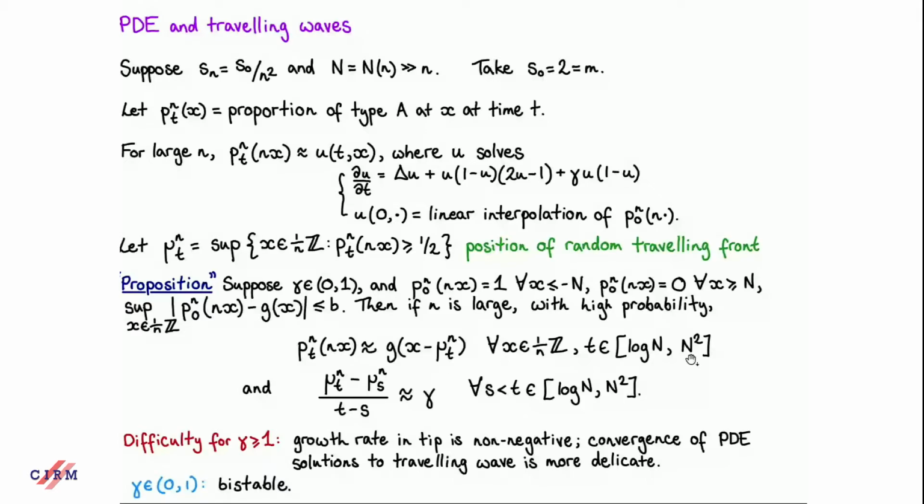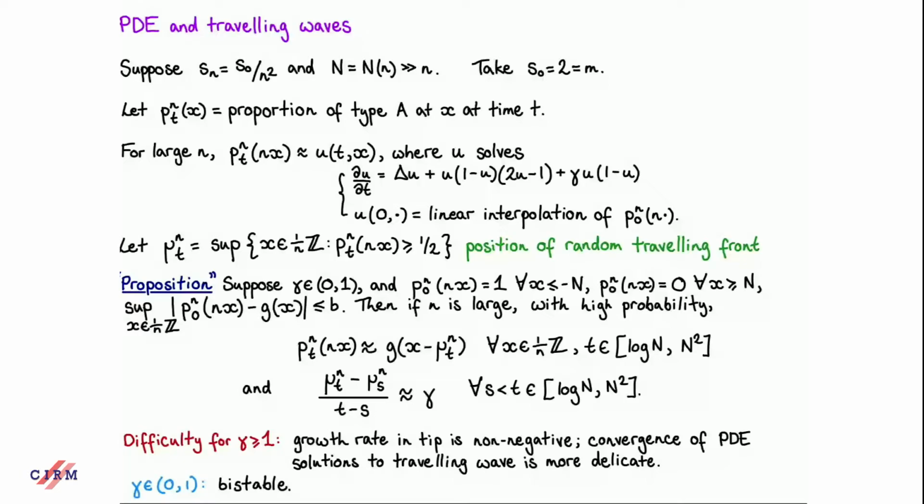And then we can also say that if we take mu n t minus mu n s and divide by t minus s, that's very close to gamma for s strictly less than t, and s and t not too close together, and both in this time interval. So we've got this random travelling front that's moving to the right at speed roughly gamma, and it has shape roughly g.